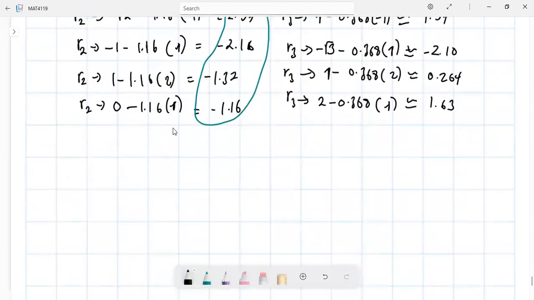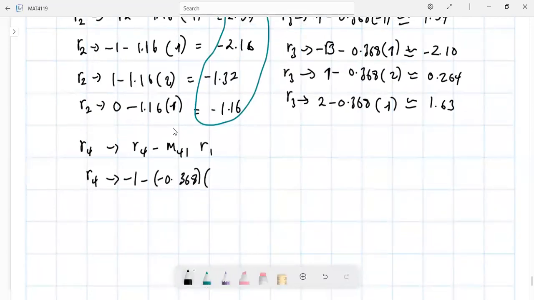So row 4, I'll do it here. Again the same operation applies: row 4 minus M41 times row 1. We start with the first element, which is negative 1 minus negative 0.368 times the element in row 1.